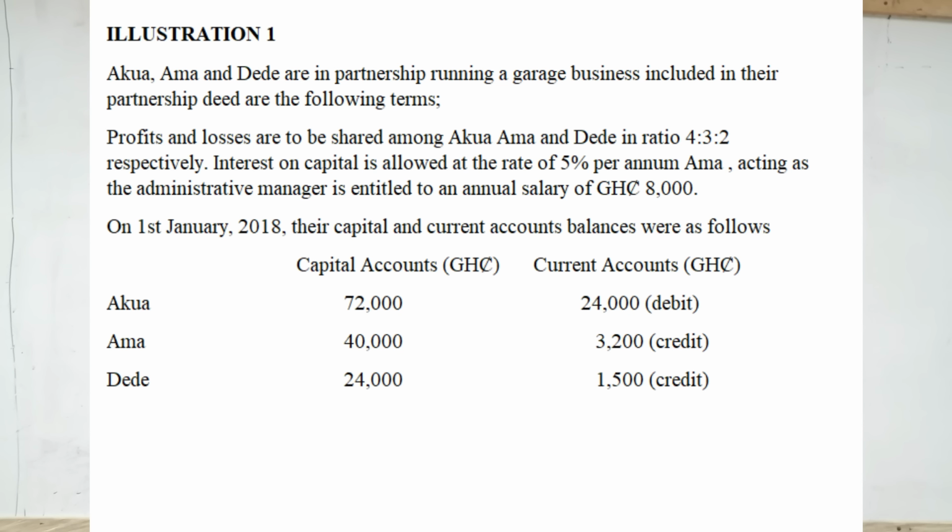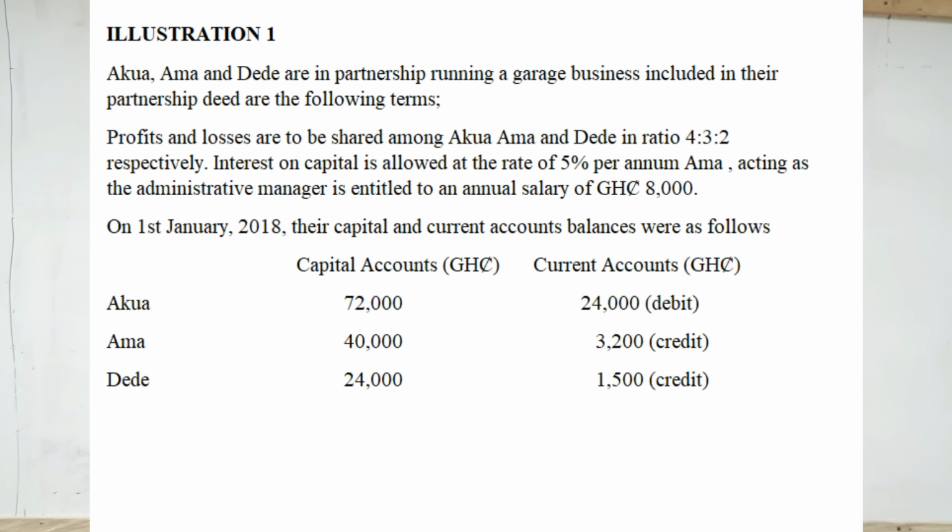On 1st January 2018, their capital and current account balances were as follows. So for Equia, Ama, and Dede, we have their capital account balances of 72,000, 40,000, and 24,000 respectively.